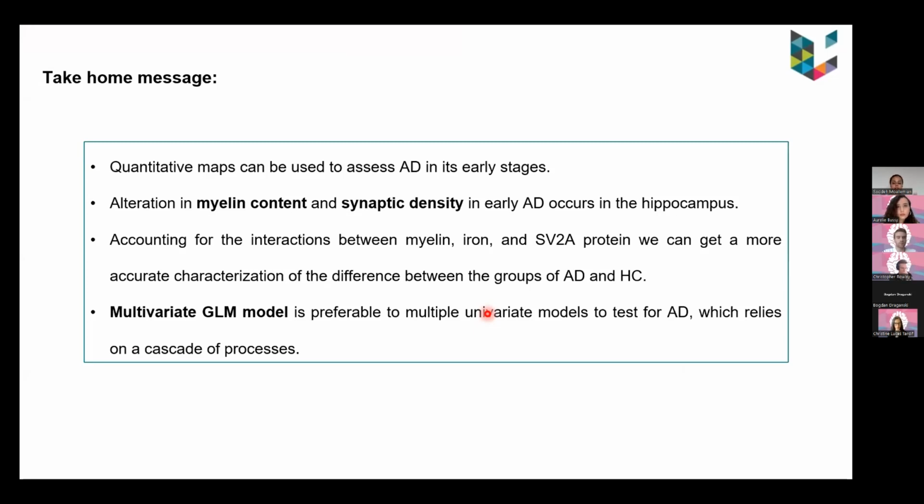Furthermore, taking into account the interactions between myelin, iron, and synaptic density gives us a better understanding of the difference between AD versus HC. In the end, a multivariate GLM model is preferable to multiple univariate models to test for AD because it is believed that AD is caused by a cascade of processes, not just one.